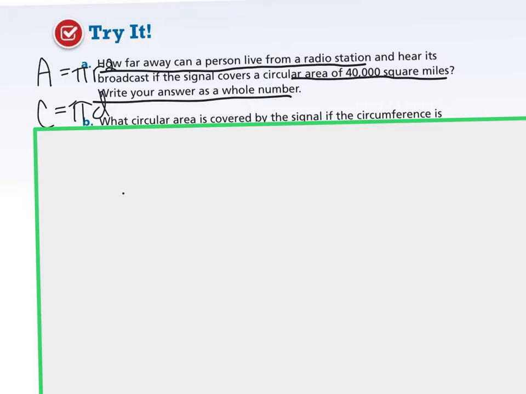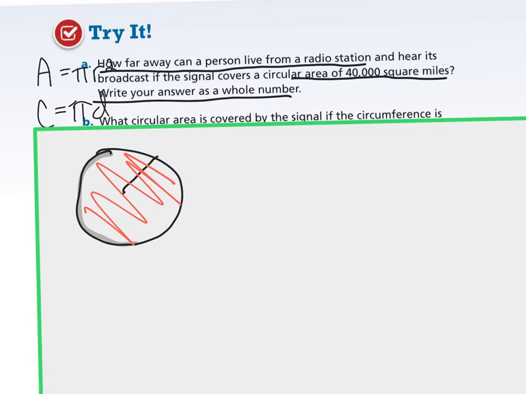So kind of what's happening is we have our radio station, and then we have people that are a certain distance away from that. And then this whole thing is an area of 40,000 square miles, is basically what's happening.